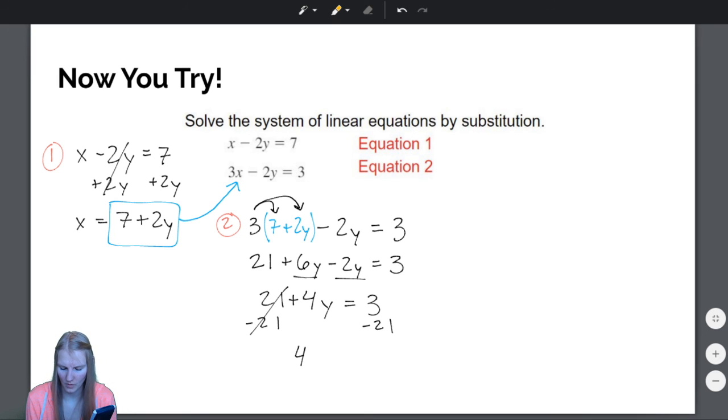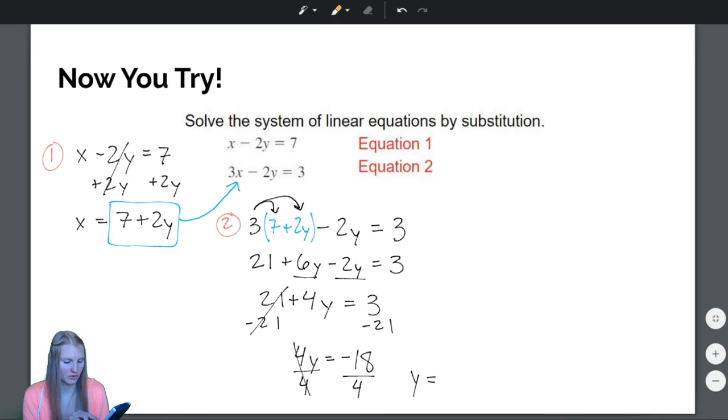I get 4y is equal to negative 18. Okay, and then I need to divide by 4 on both sides. And I get that y is equal to negative 18 divided by 4, which is negative 4.5.